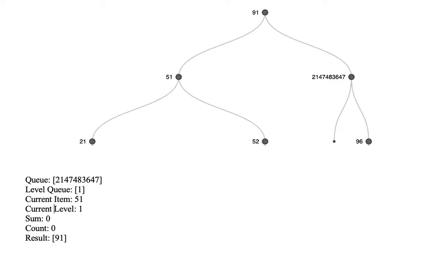Now my current item at level 1 is 51, so I'll restart doing the sum for this level. So 51, and right now I've seen just one item in the current level, which is level 1, and I need to enqueue the children of 51, which are 21 and 52, and both of these are at level 1 plus 1, which is level 2.